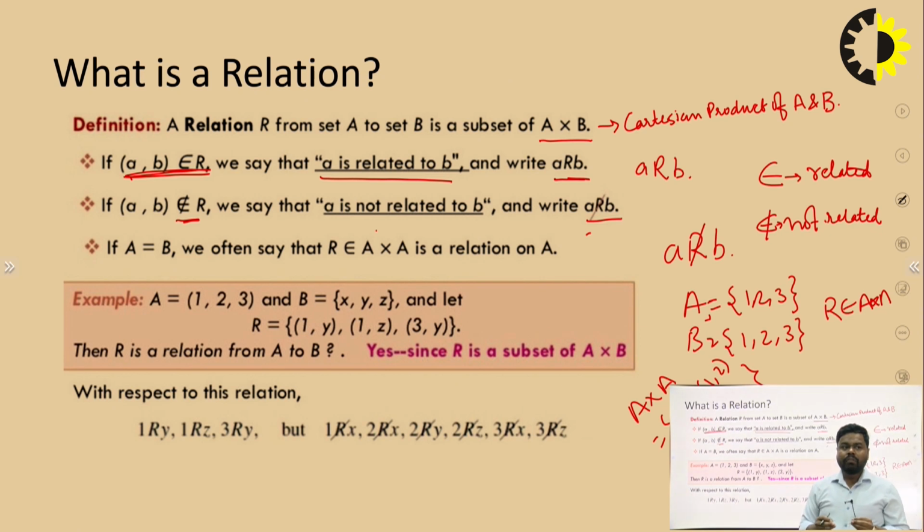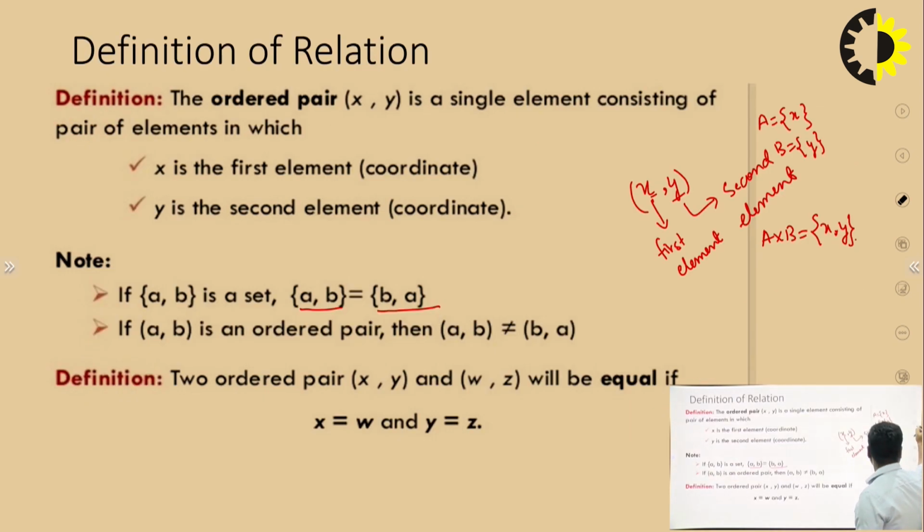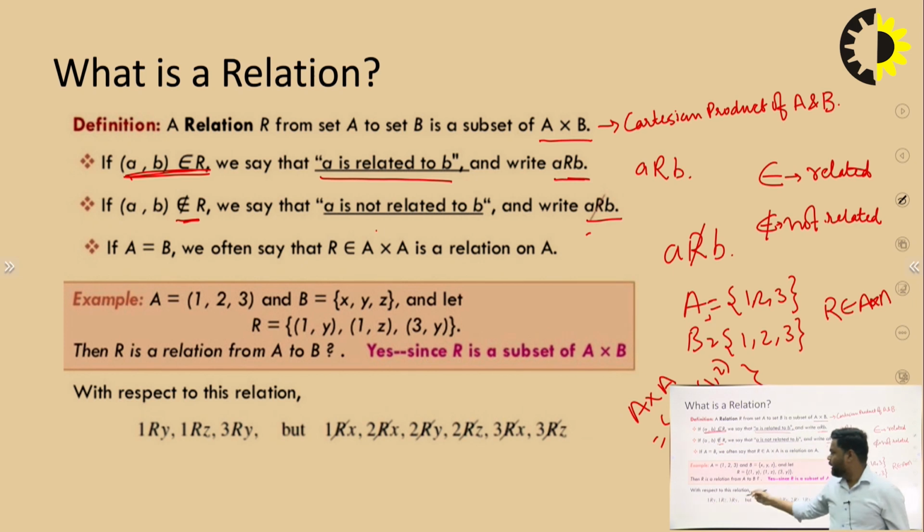So we are saying that A is related to B. With respect to this relation, 1 is related to Y, 1 is related to Z, and 3 is related to Y. But 2 is not related to X, 2 is not related to Y, and 2 is not related to Z, that I have written here. This is the proper definition of relation.